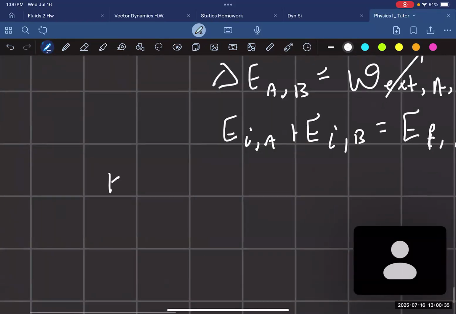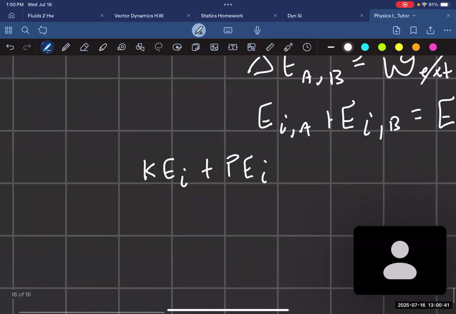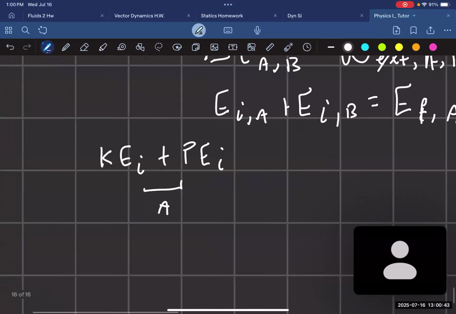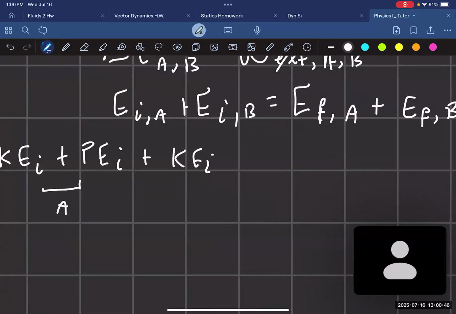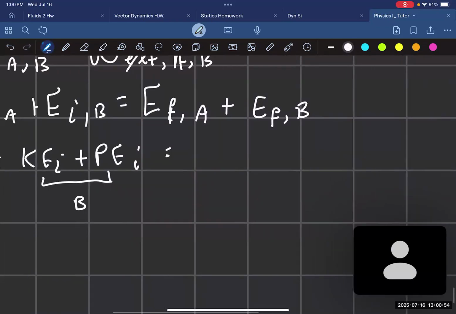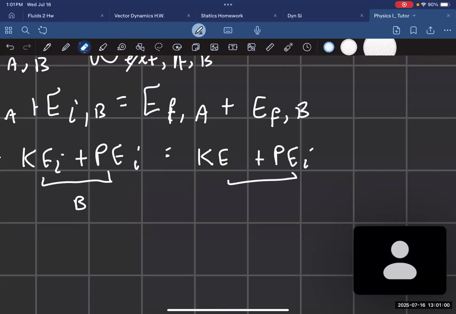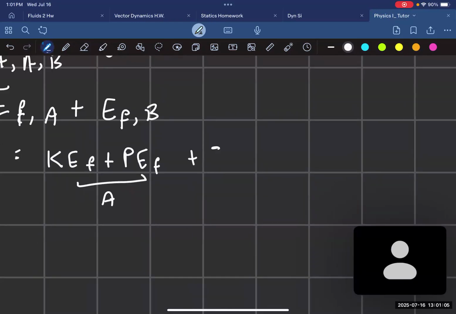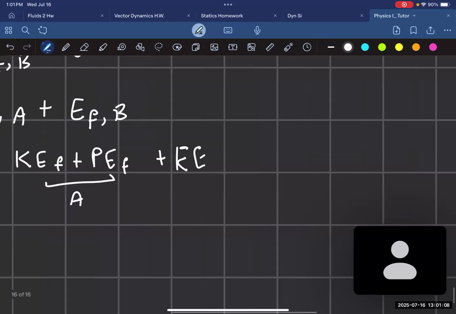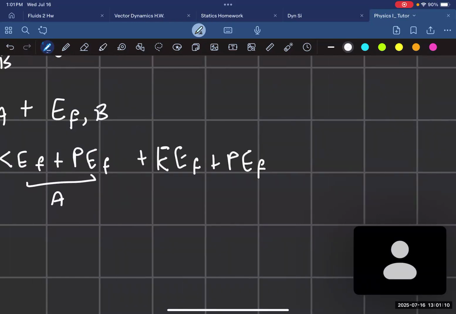Before we even get there, let's write down: kinetic energy initial plus potential energy initial for A, plus kinetic energy initial plus potential energy initial for B, is equal to kinetic energy final plus potential energy final of A plus kinetic energy final plus potential energy final for B.